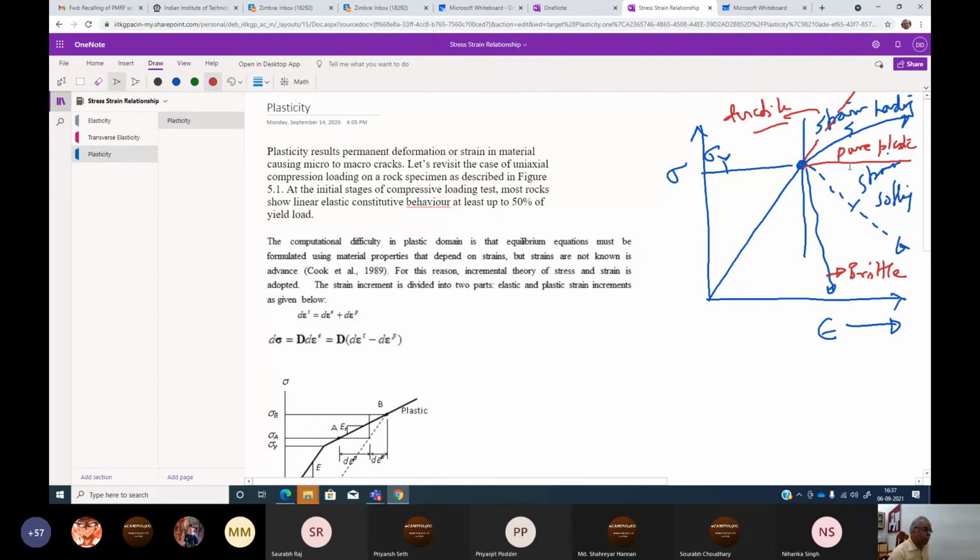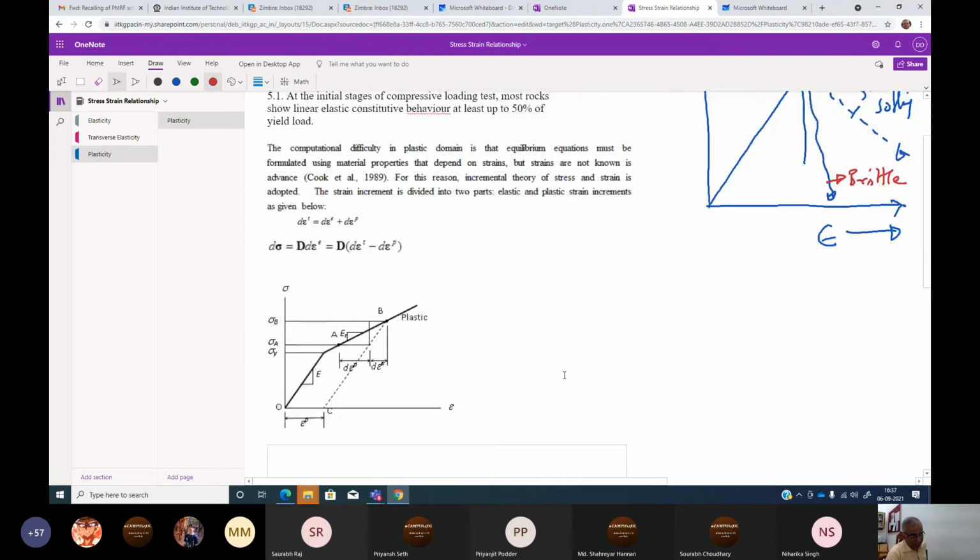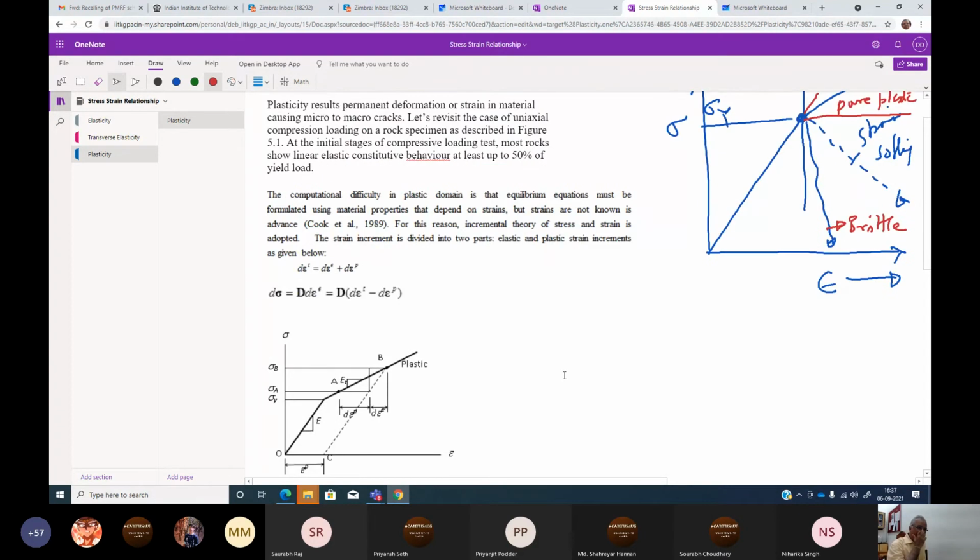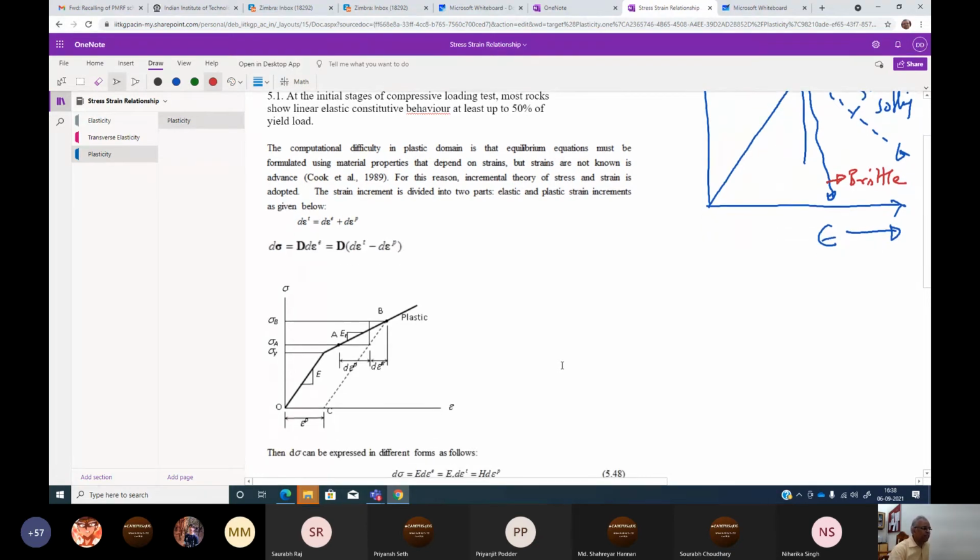Now, if this is how it behaves, for a strain hardening behavior, what happens after yield? This we wanted to know. So let's say this is the drawing I have given here.